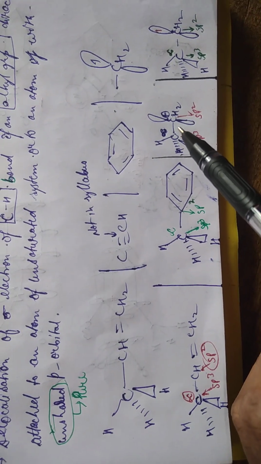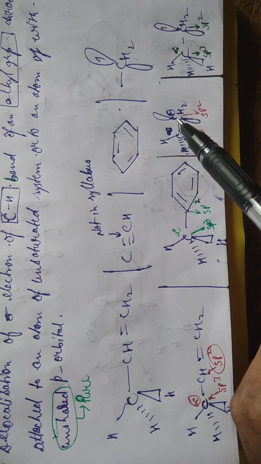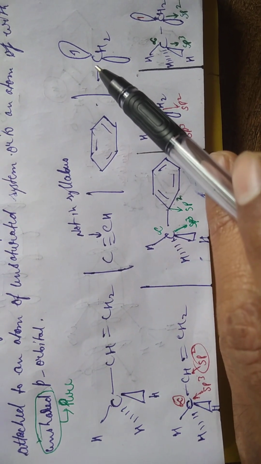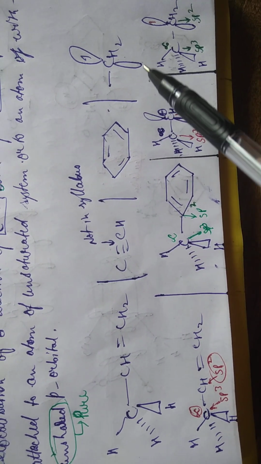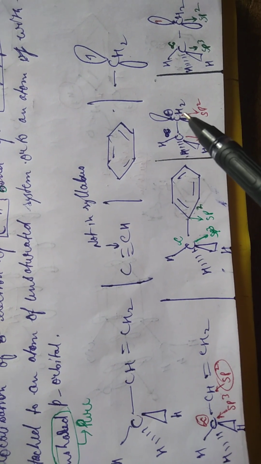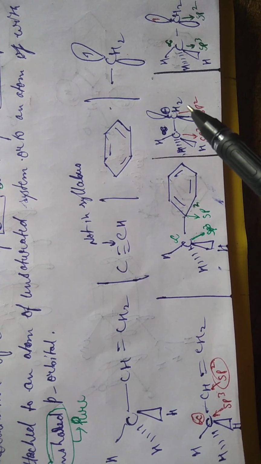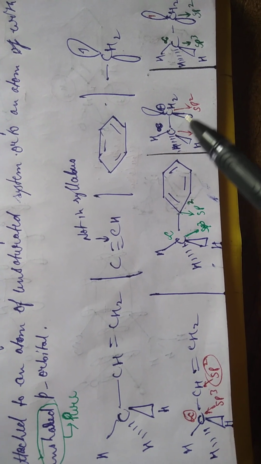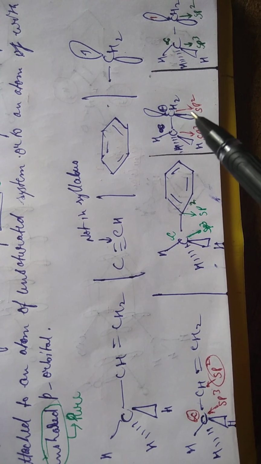Similarly, here you can see this is sp2. If a radical is present like this, then it is also sp2. If a vacant p orbital is there, then it is also called sp2. Here it will not be considered in hybridization, so it is a radical sp2.